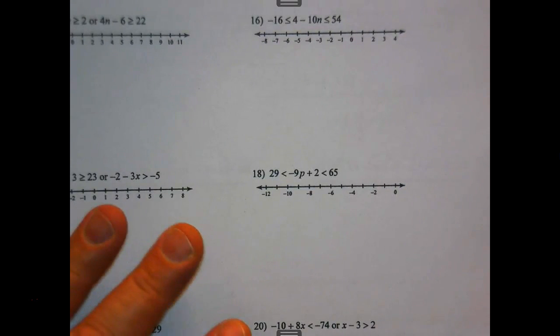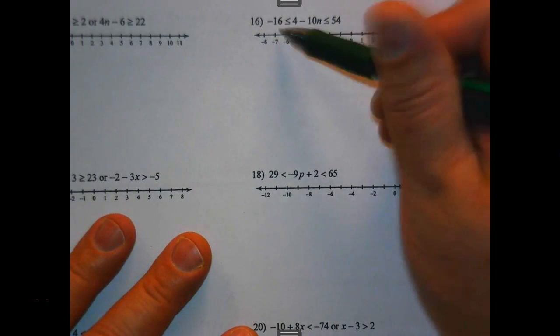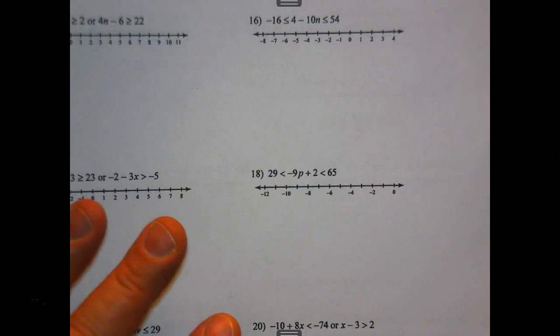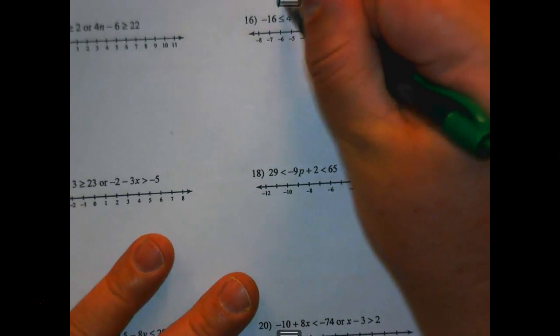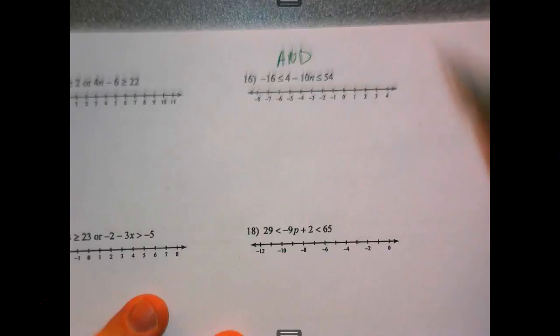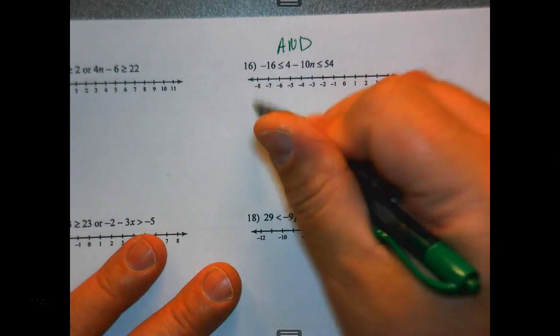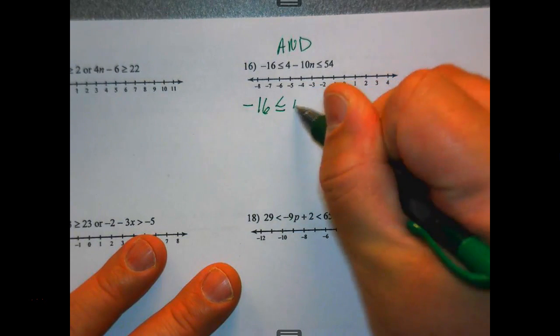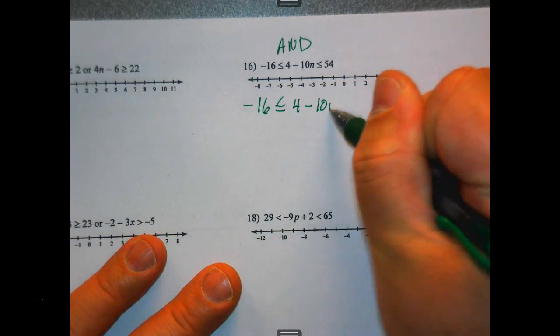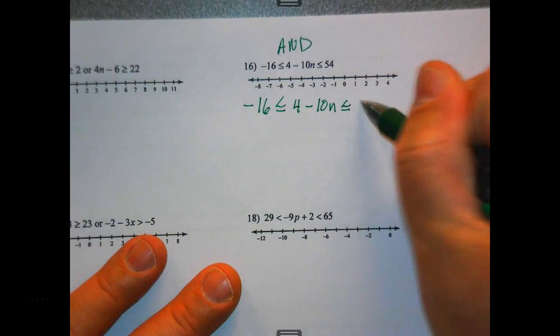16. It's a condensed problem, compound inequality. So, you got it. It's an and problem. So I have negative 16 less than or equal to 4 minus 10n less than or equal to 54.